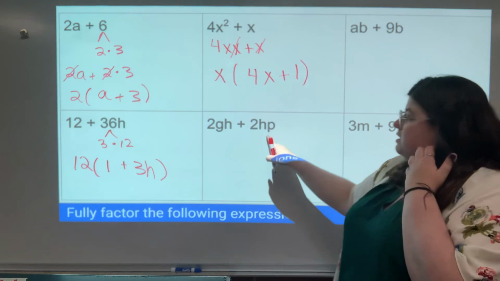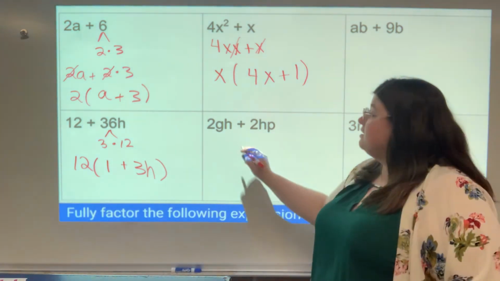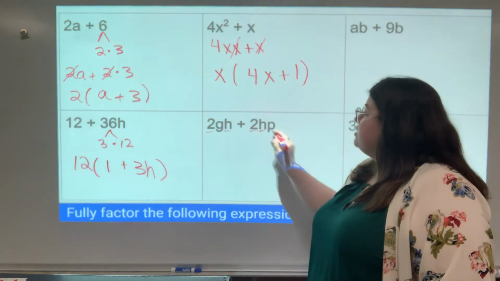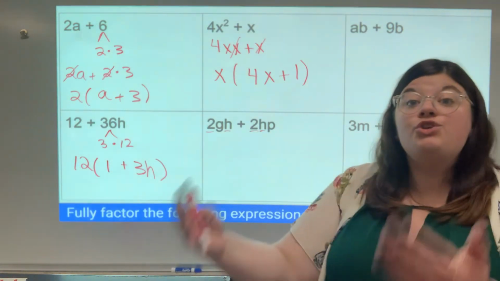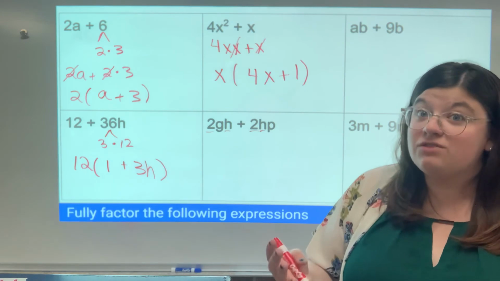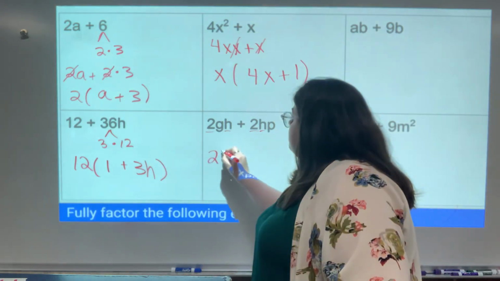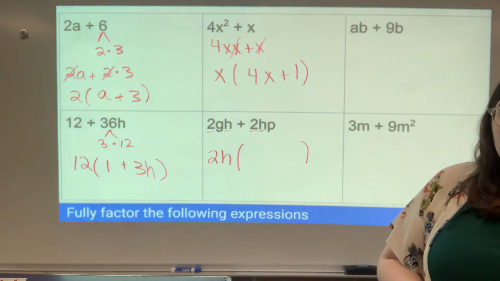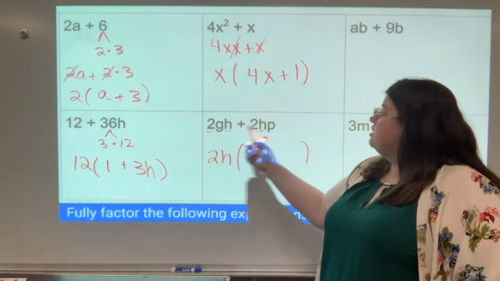Down here, pretty easy to see. The only things that I have in common are a 2 and an h, so I can pull out 2h. I'm pulling out two factors now. So 2h can be factored out of that expression. What's left? The g and the p.